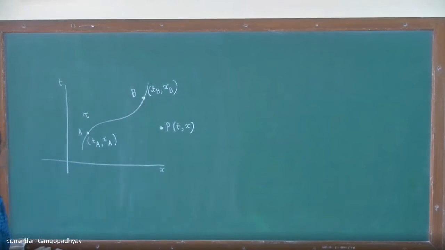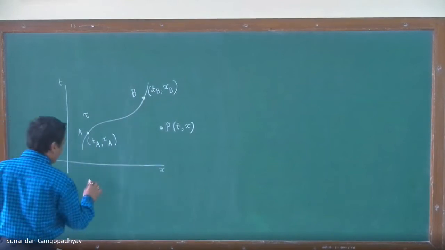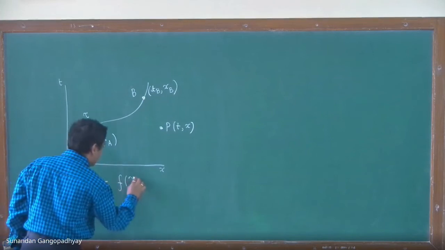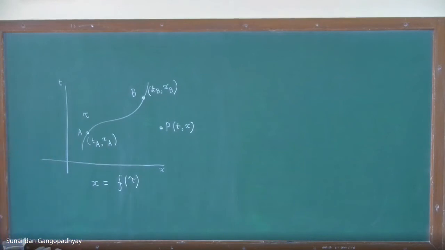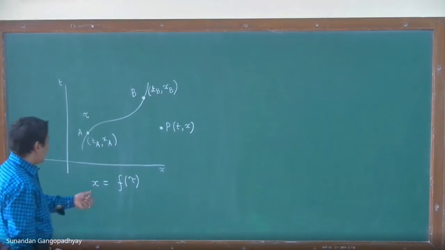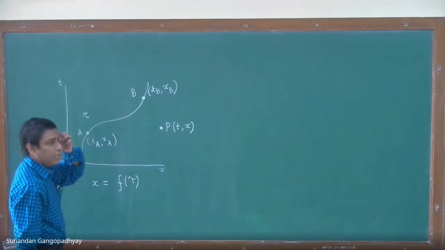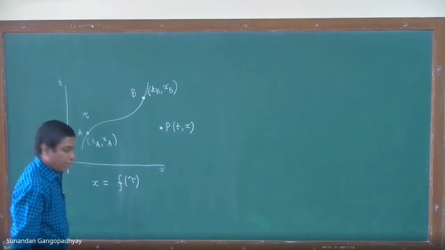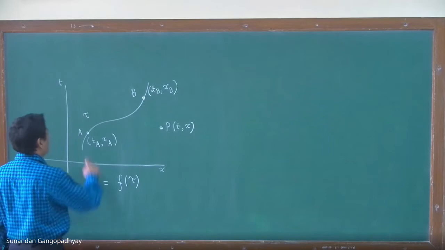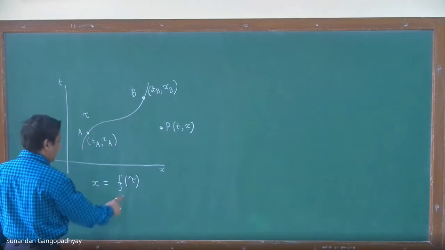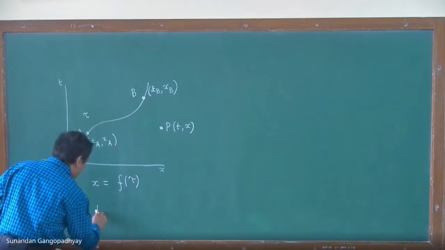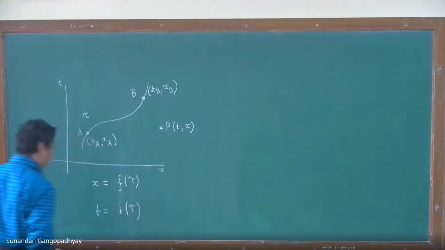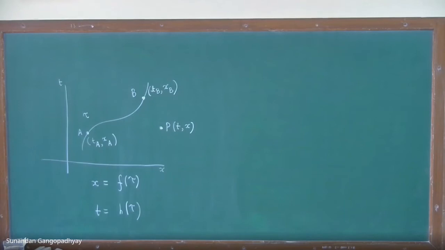And what we wrote down was the following. Let this coordinate x of the particle on this trajectory, as measured from this coordinate system, be a function of tau, the proper time of this observer, some function f of tau, and t is h of tau. This is what we had.